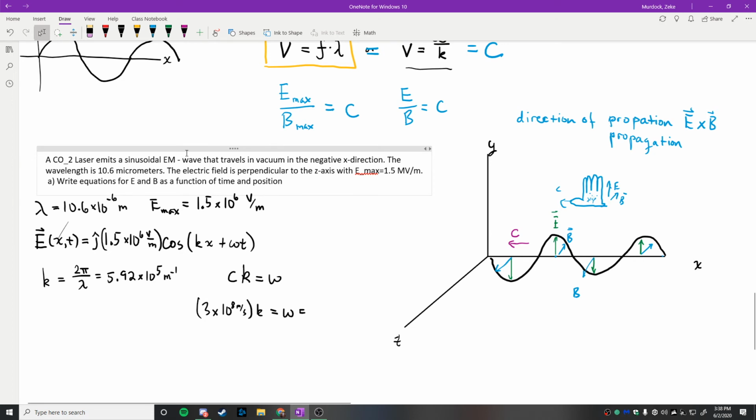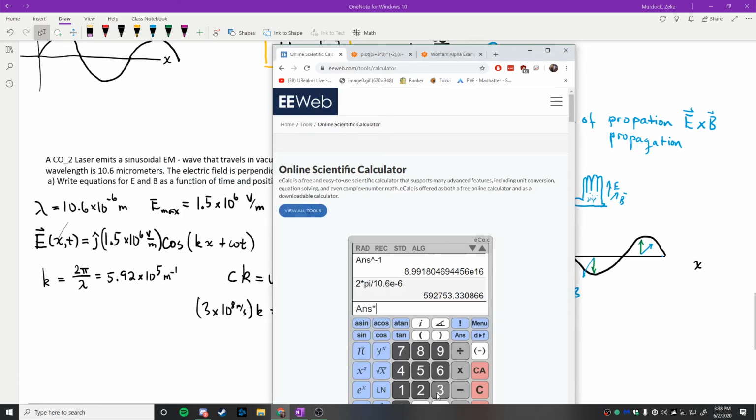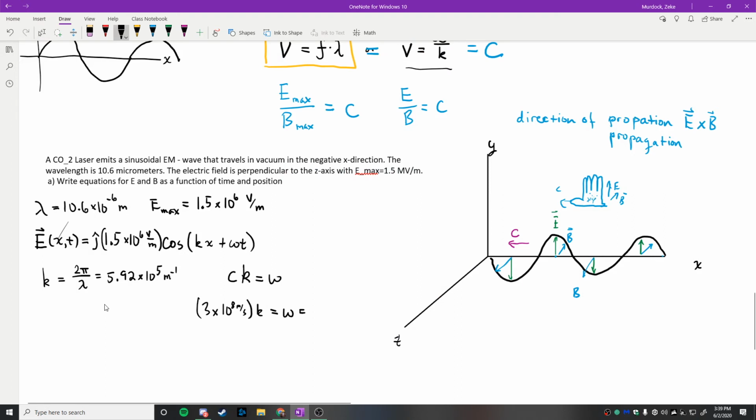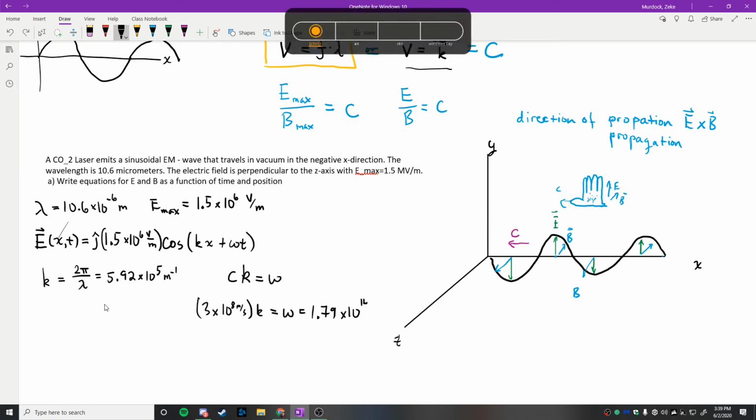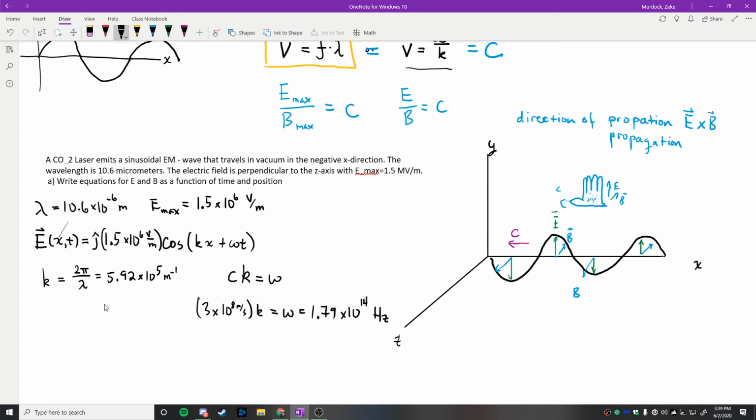So we just take the answer that we just got, and we multiply by 3 times 10 to the 8. We'll get 1.79 times 10 to the 14. The unit for this is inverse seconds, or usually what we use is hertz.